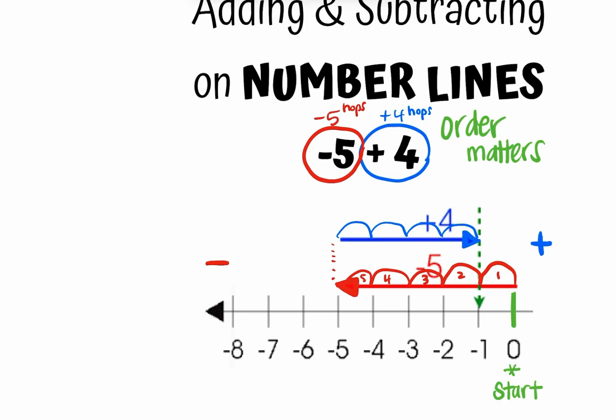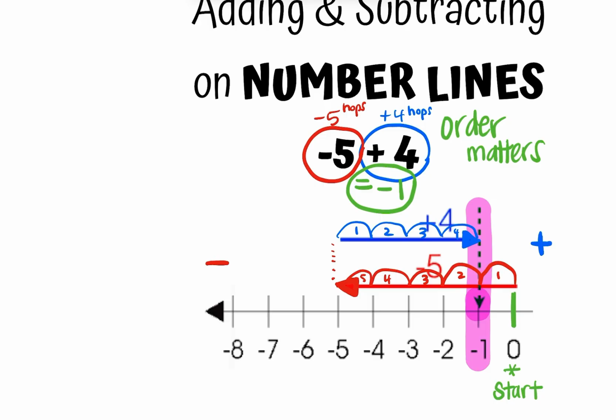Again, ending here on this -1, okay? And you can see we're ending here at -1. And -1 is going to be the solution, the answer to my problem up here. So this actually equals -1, okay? And that's kind of how we solve on a number line.